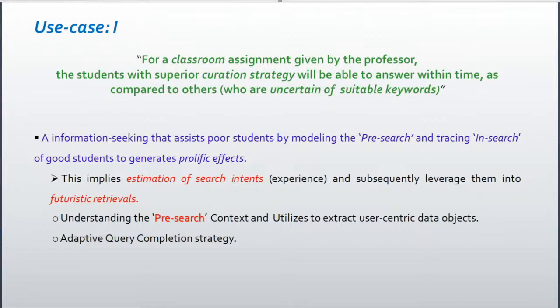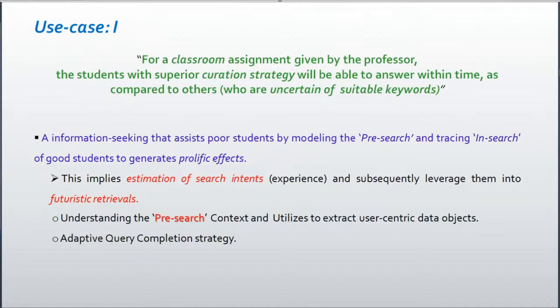To emphasize the role of modeling the pre-search part, let's take an example, which we referred to in the second slide. For a classroom assignment by a professor or teacher, students with a superior curation strategy will be able to answer within time, compared to other students who are less certain or less familiar with suitable keywords.